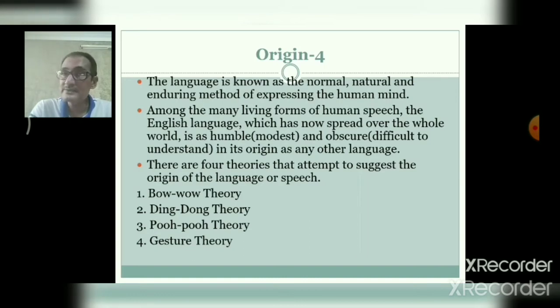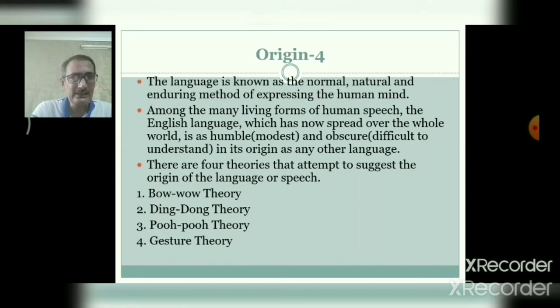Where do these thoughts take place or occur? In the human mind. So, language is known as the normal, natural and enduring method of expressing the human mind. It is in a normal, natural way that a human being expresses his thoughts, expresses his mind, and that expression can only be possible with a language.